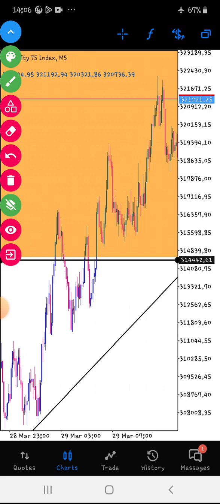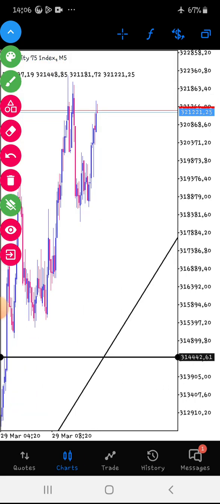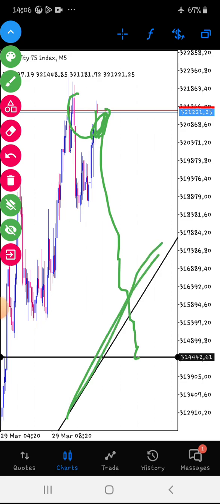So we have to wait for the market to come. It's here right now. It has to come, and then it breaks this overall counter trend. After breaking, we have to make sure that the candle of minute 5 or minute 15, 80% has broken and closed below this overall trend, guys.